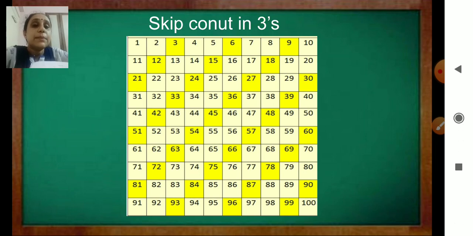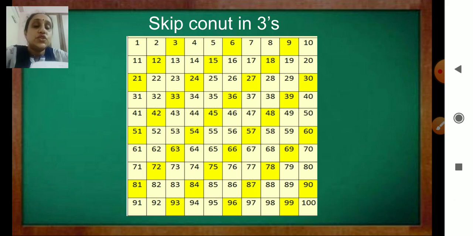Now skip count in threes. You can see the chart is from 1 to 100, but the yellow number that is marked there, from there we are starting. 3, then which is the next after 3, it will jump 3 times. After 3, 4, 5, 6, 3 fingers.